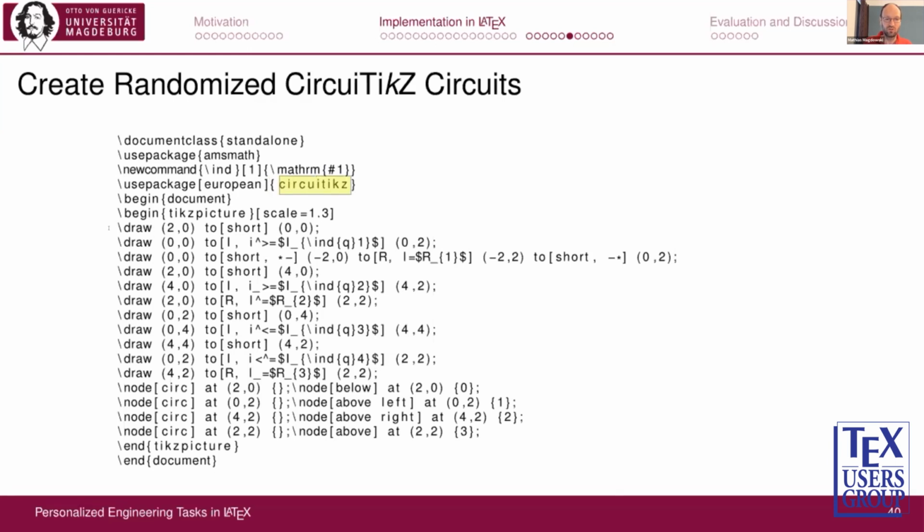And then you just draw a path from a certain point in the coordinate system to a different point, and then say, okay, there's a short connection, or this creates a current source, this creates a resistor, this creates a current source again, and then you can label them: this is resistor 1, this is resistor 2, and so on, and also label the nodes. Put, let's say, these soldering dots at the nodes, and then say this is node 0, the reference node, node 1, node 2, node 3.